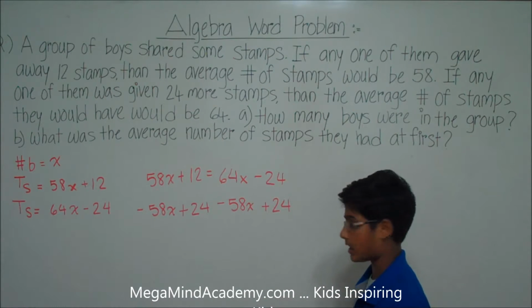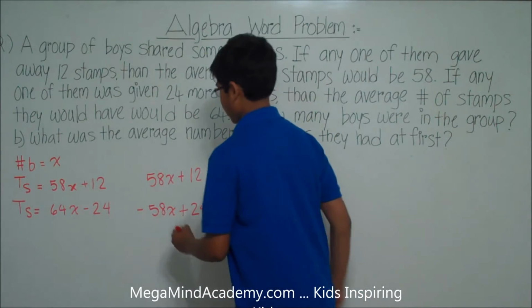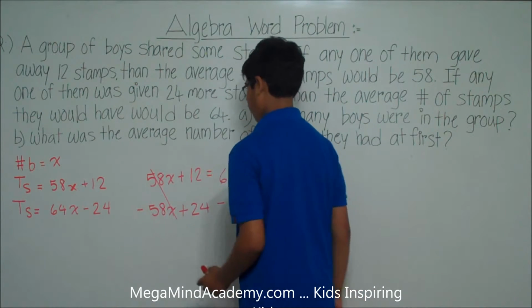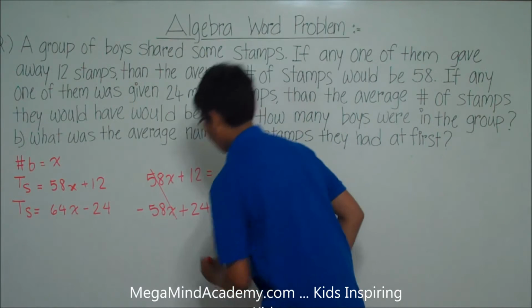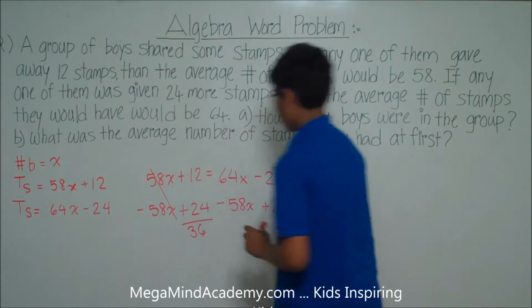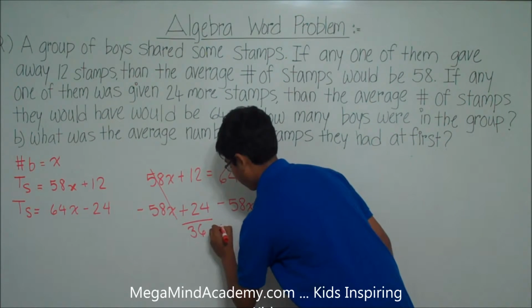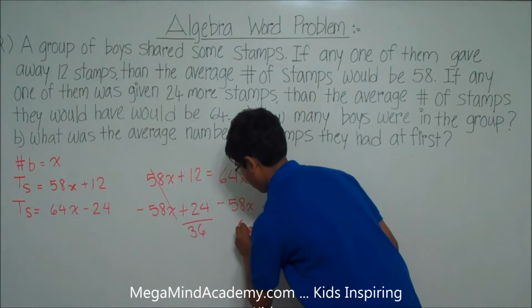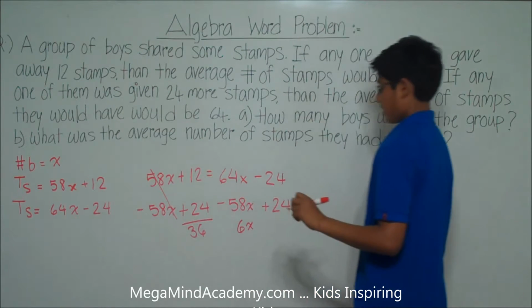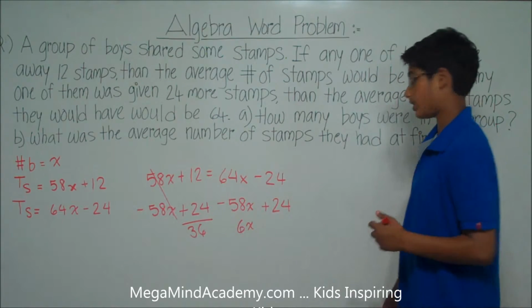Now, let's solve this equation. So 58x minus 58x cancels out. 12 plus 24 is equal to 36. 64x minus 58x is equal to 6x. And minus 24 plus 24 cancels out.